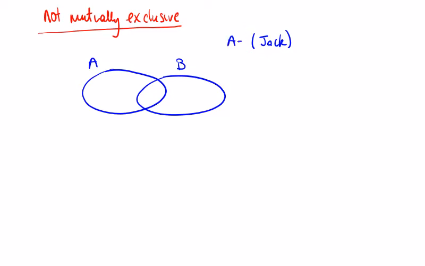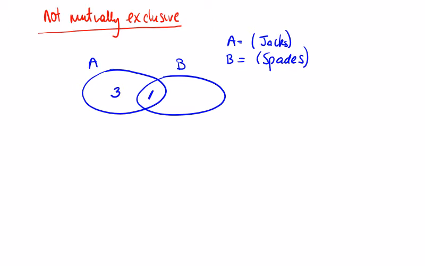A is equal to the jacks, and B is equal to the spades. I'm being a bit lazy here with the non-squiggly brackets, but bear with me. So in A we have the jacks, so we have four things in A. But one of them is a jack of spades, which leaves 3 in here.